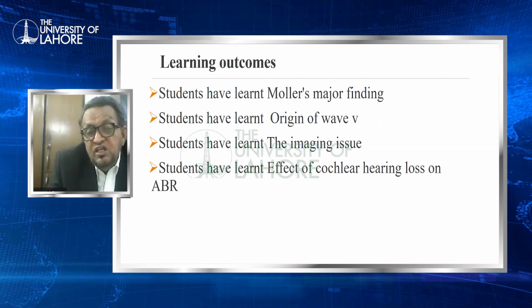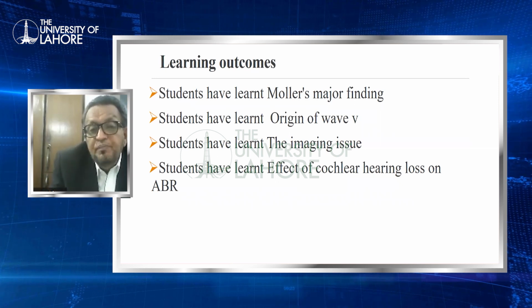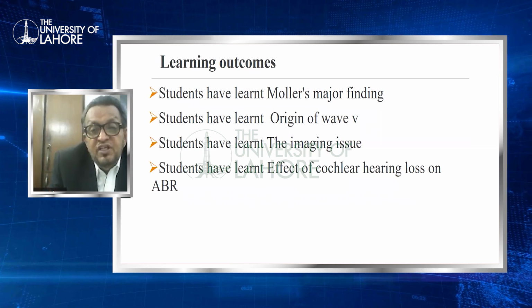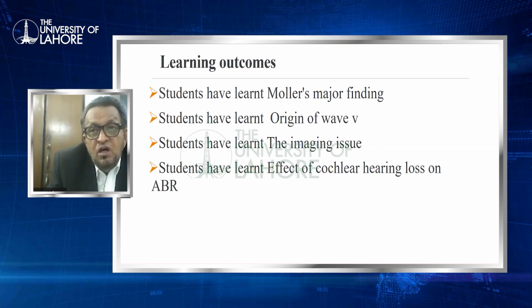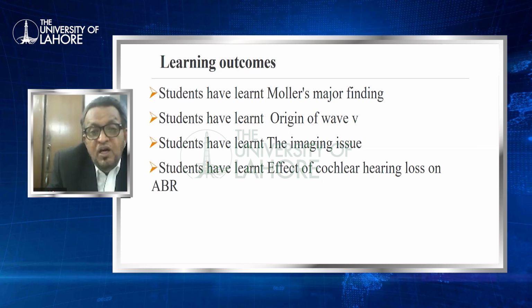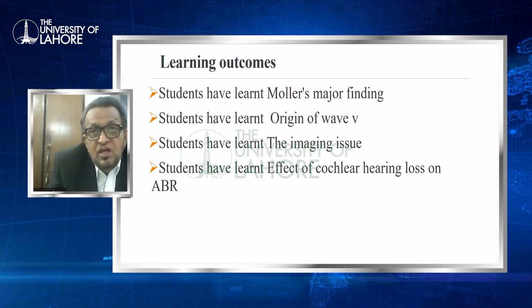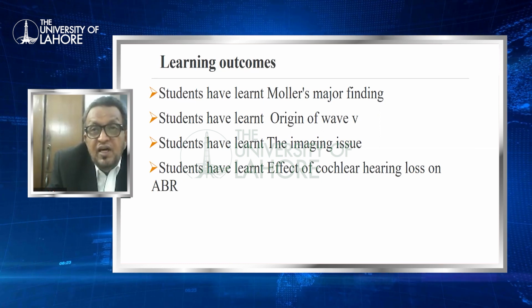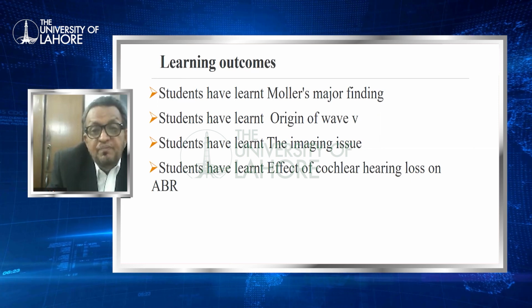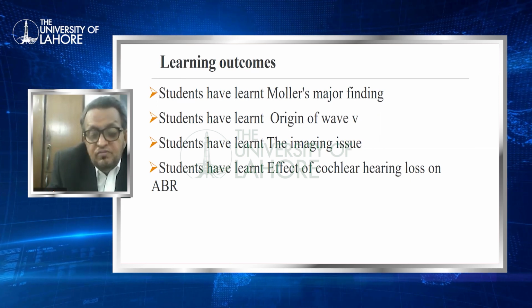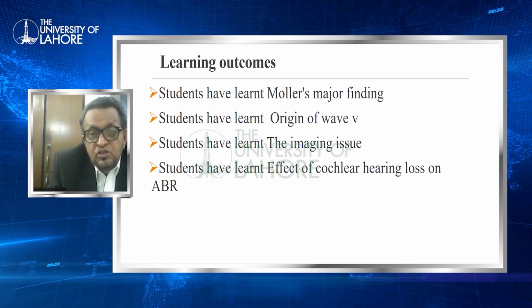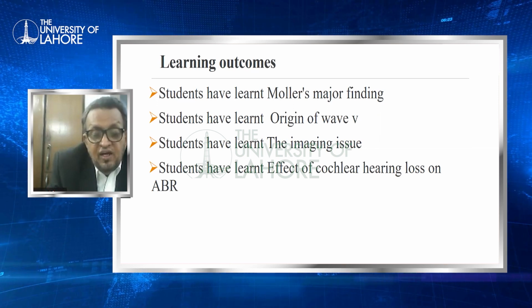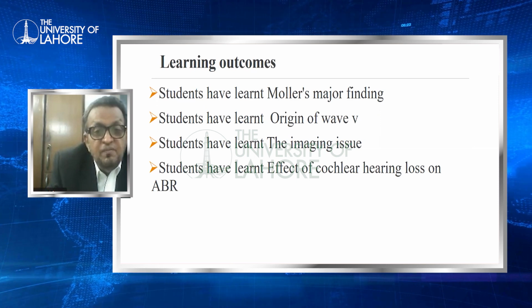We'll go into the details later on about each and every one of these aspects, but this gives you an overview of how ABR can be used as an effective tool, as an objective test to, number one, most importantly, find out about the hearing thresholds, number 2, cochlear hearing losses, and also retrocochlear pathologies.